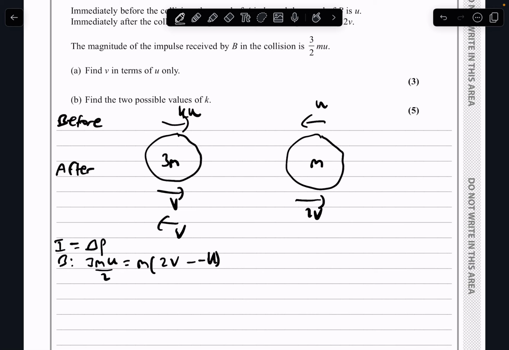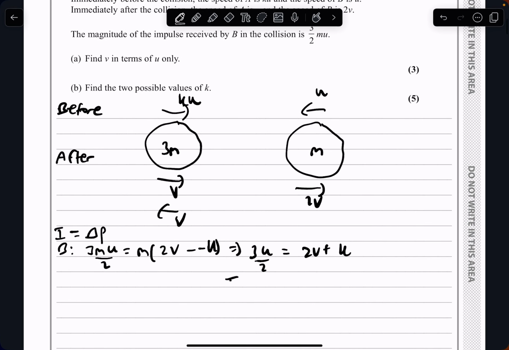So we get 3u over 2 has got to be equal to 2v plus u. So we can rearrange this now. We can get a u over 2 being equal to 2v. So we get a v being equal to u over 4. And that is what the question wanted for part A.